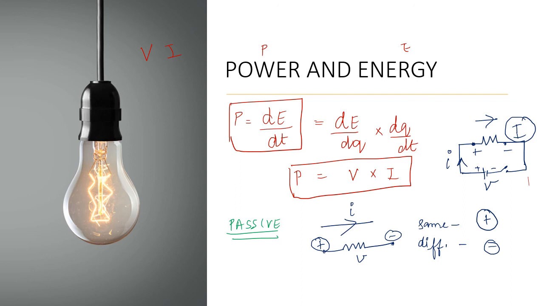In this case, the power will be positive, so the power will be given by plus VI. However, if the current is flowing in the opposite direction, then this is the direction of voltage drop, and this is the direction of current. So it is opposite, that is, it is different. Therefore, in this case 2, the power will be written as minus VI. That's all about sign conventions.